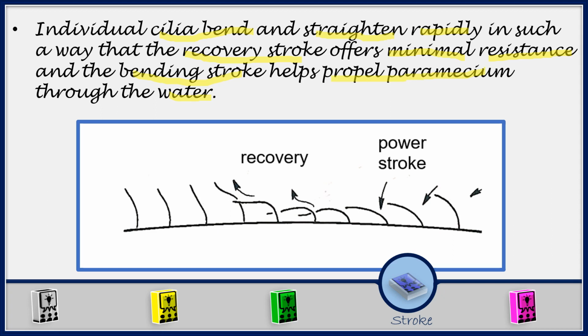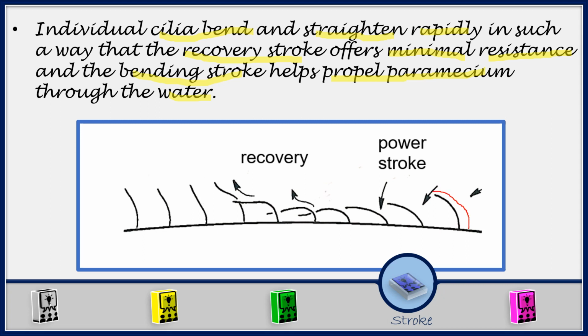So if we enlarge the surface of the paramecium, this is what we are going to see. These are our cilia, and this one here is the surface of the paramecium. The cilia are attached on the surface of the paramecium. So we have the power stroke. Power stroke is this one here.